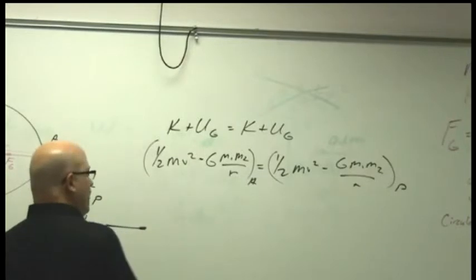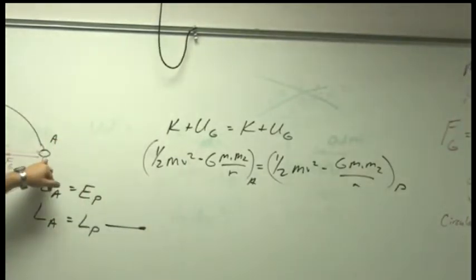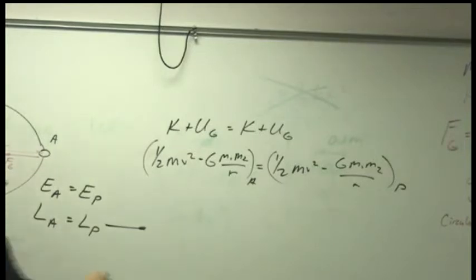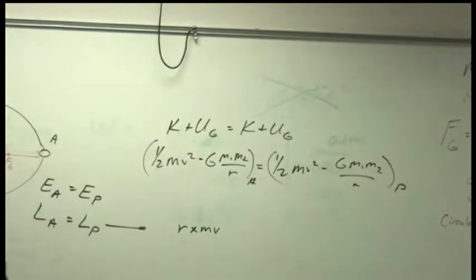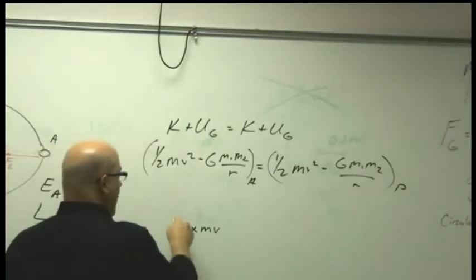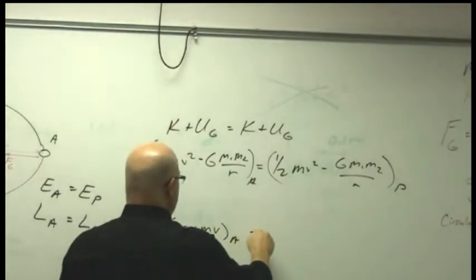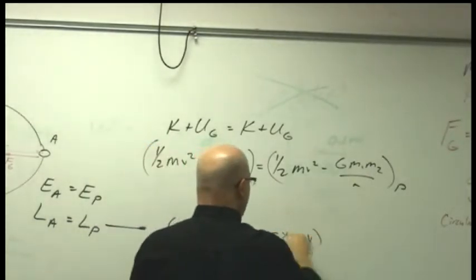Now let's look at the other statement. How do we figure out the angular momentum of this moving blob of mass? R cross mv at apogee equals R cross mv at perigee.